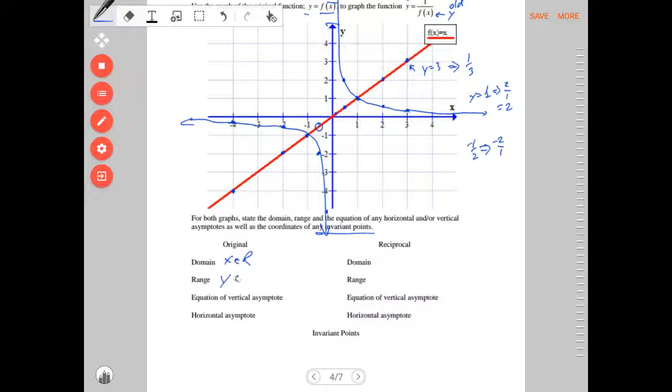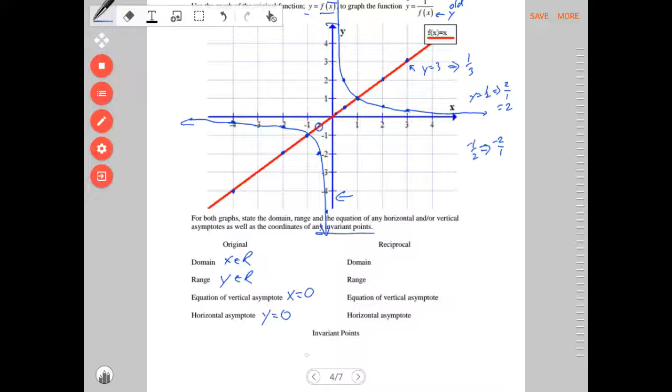The range was y is an element of the reals. The vertical asymptote, that's the up and down line, was the y-axis, which has an equation of x equals 0. The horizontal asymptote was the x-axis, which has the equation y equals 0.